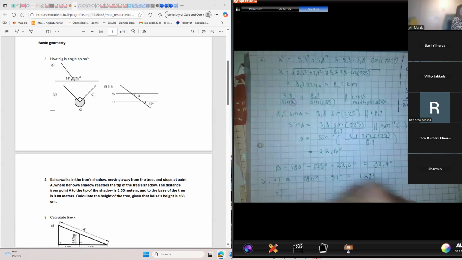Then the beta, if I know that there is a straight right angle and the whole circle is 360, then my angle is, of course, 360 minus 90. This is 270.